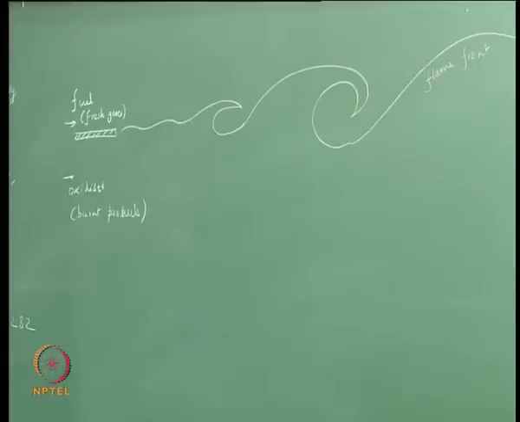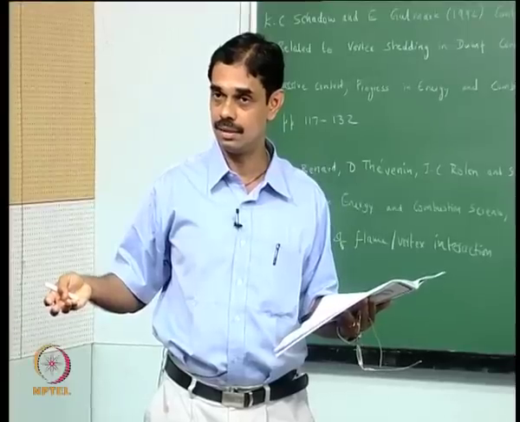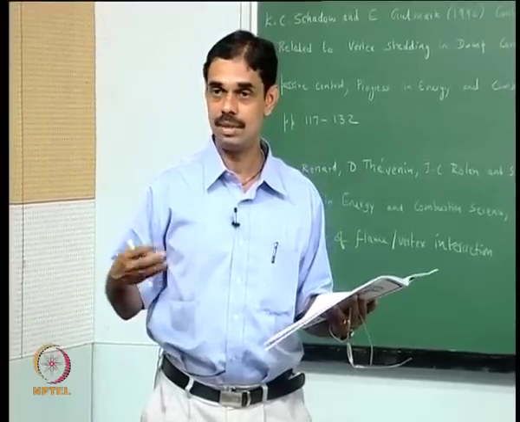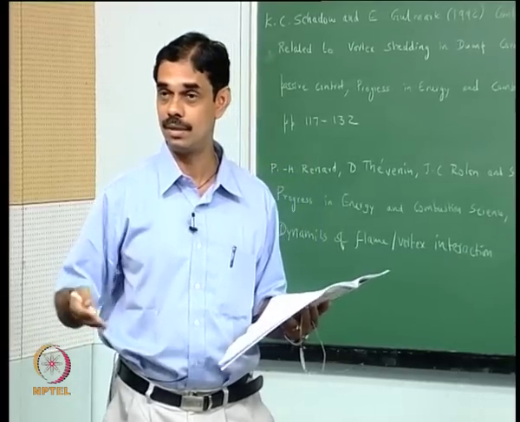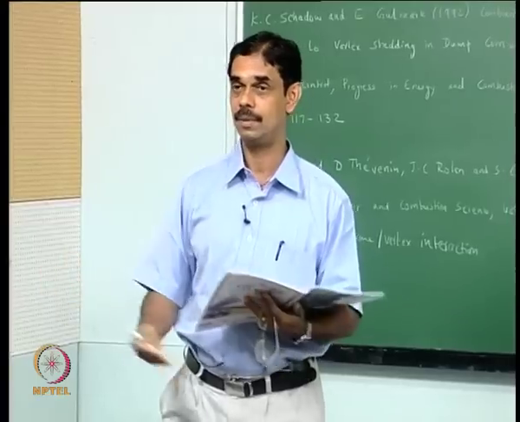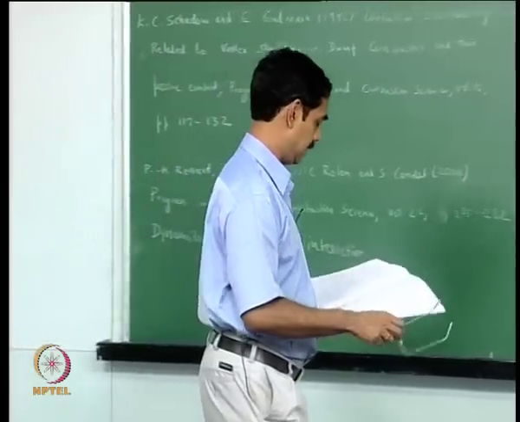Naturally, anything periodic means there is a possibility of fluctuating heat release rate, which of course, if it is in phase with the acoustic field, the pressure oscillations, can drive the pressure oscillations. So that is the idea.